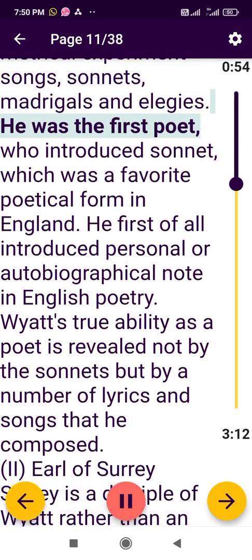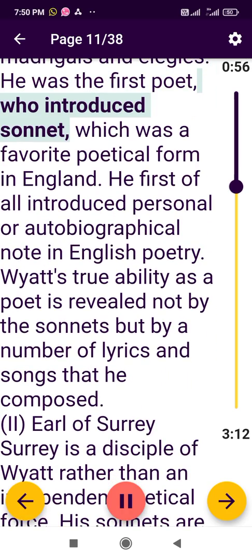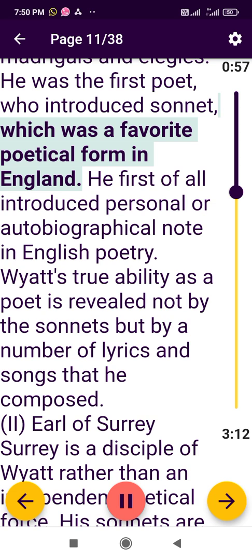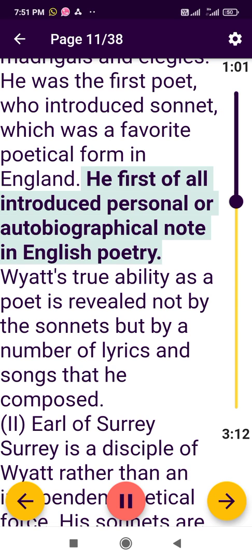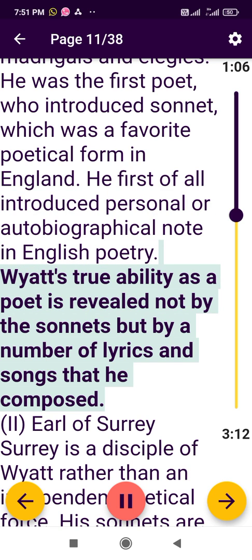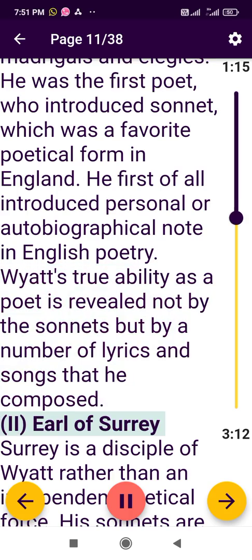He was the first poet who introduced the sonnet, which was a favorite poetical form in England. He first of all introduced a personal or autobiographical note in English poetry. Wyatt's true ability as a poet is revealed not by the sonnets, but by a number of lyrics and songs that he composed.